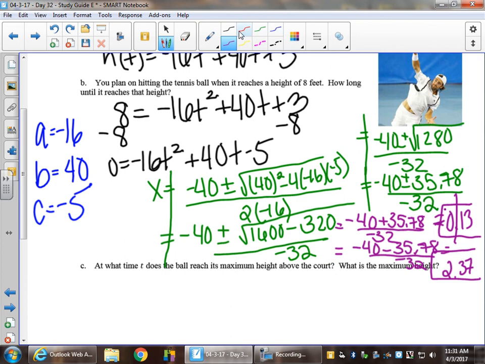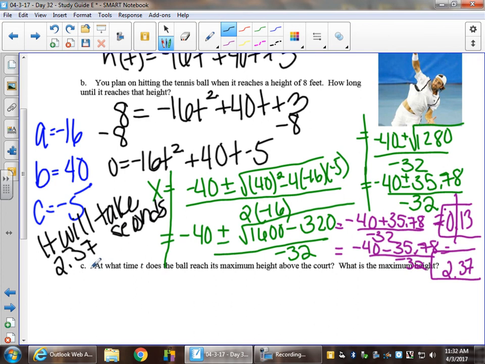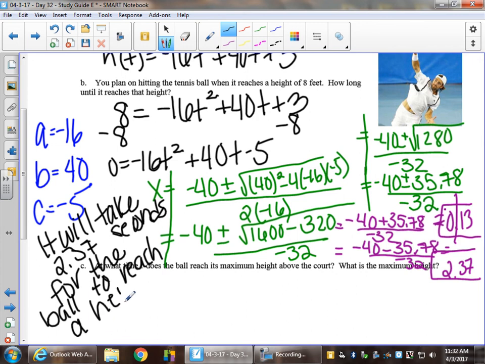So then a sentence: it will take 2.37 seconds for the ball to reach a height of 8 feet.